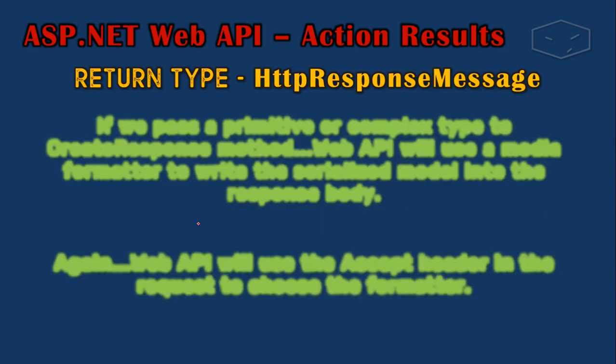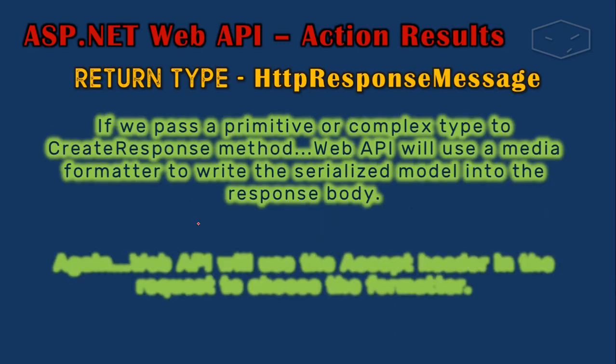Okay. Another important thing about this return type is if we pass a primitive or complex type to the CreateResponse method, the method that will create an HTTP response message, Web API will use media type formatters to write the serialized model, the serialized object, or the serialized primitive type into the response body.